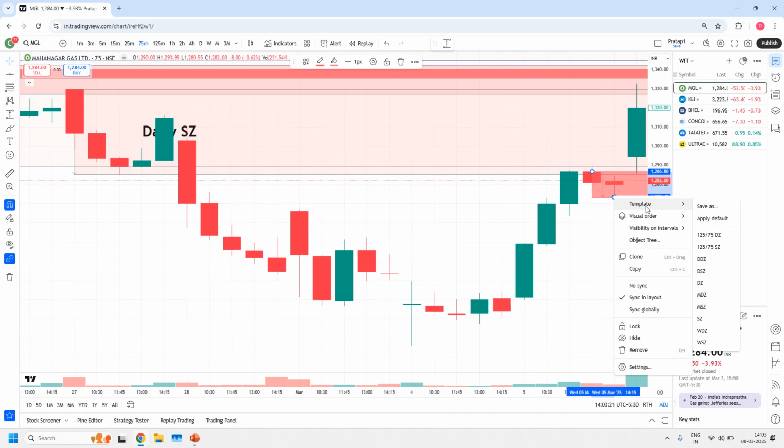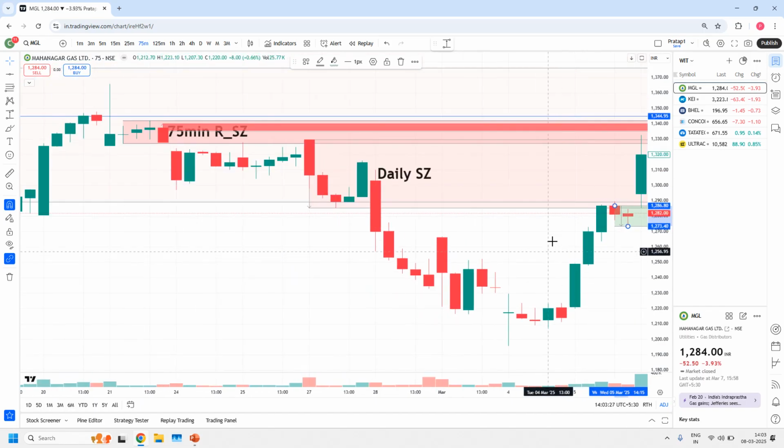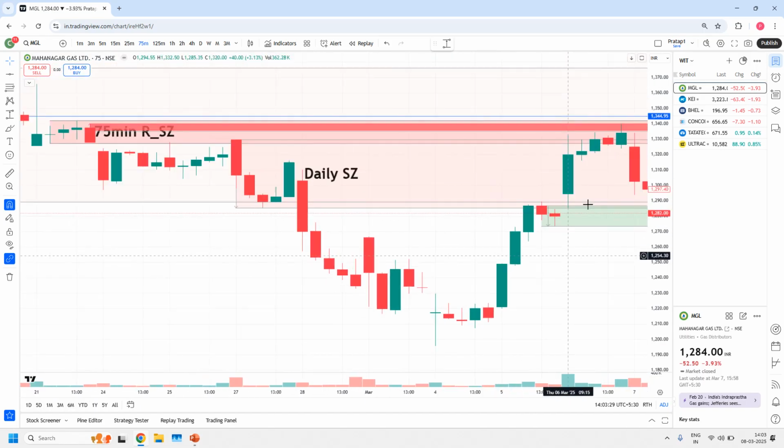What is this zone? This is a 75 minutes demand zone. Because you are taking entry at the 75 minute zone, obviously you will be planning your target up to the 75 minutes demand zone. This is a supply zone trade on target.